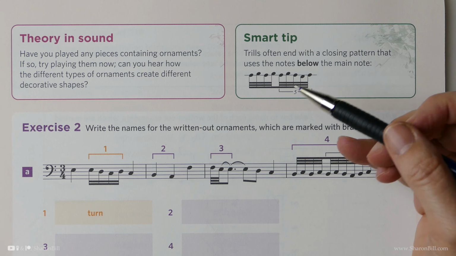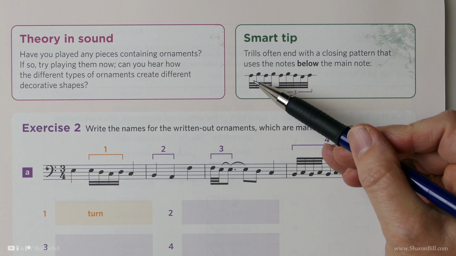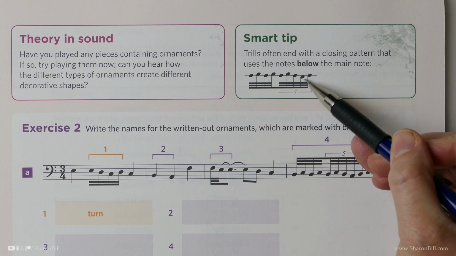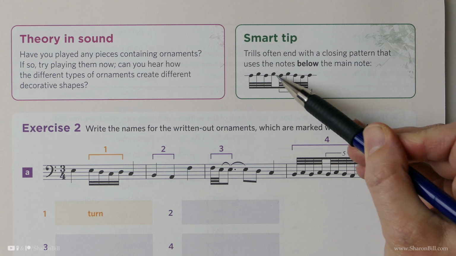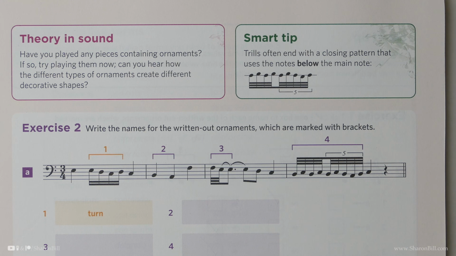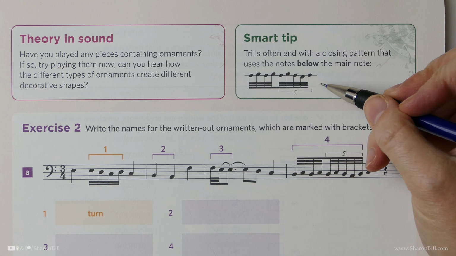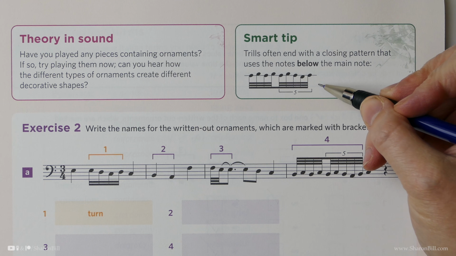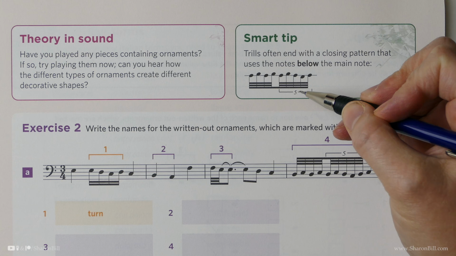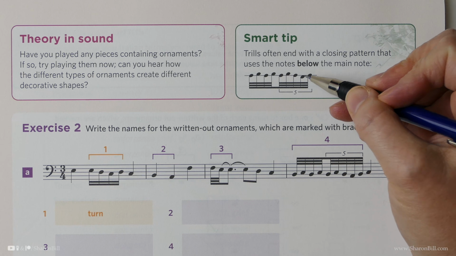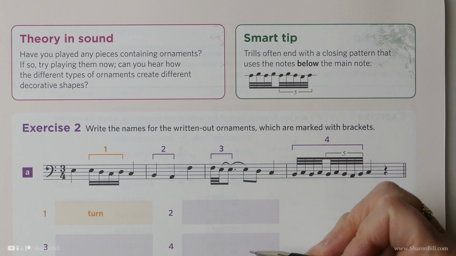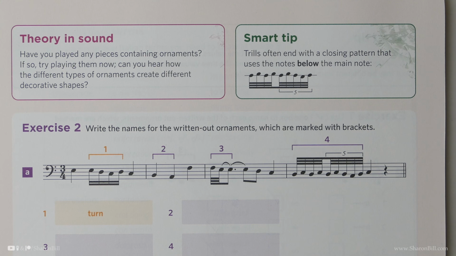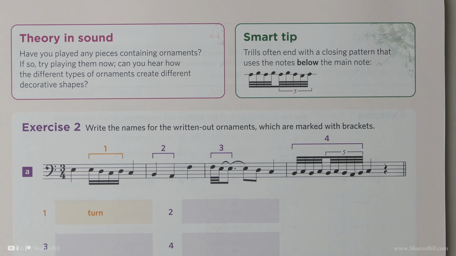And we can see here, as I mentioned previously, sometimes a trill can have a little turn at the end, and we combine the two to just nicely finish off the trill. There are any number of ways that these can be applied in music. We're looking for the general shape of each one, but the practicalities are quite flexible when it comes to the performance of these ornaments. We just have to best fit them to the music.